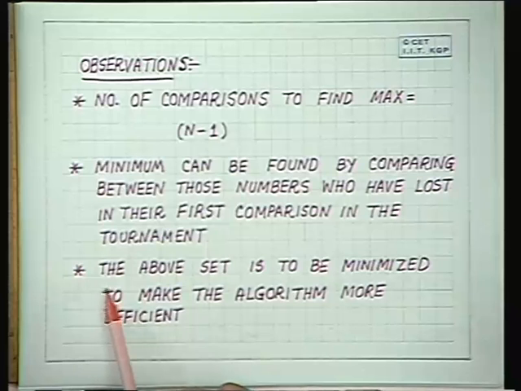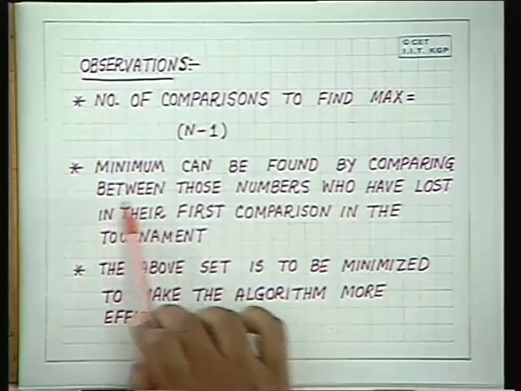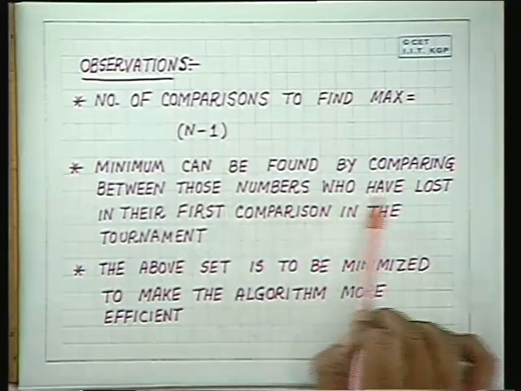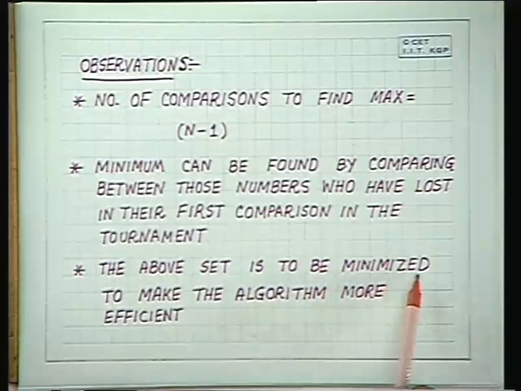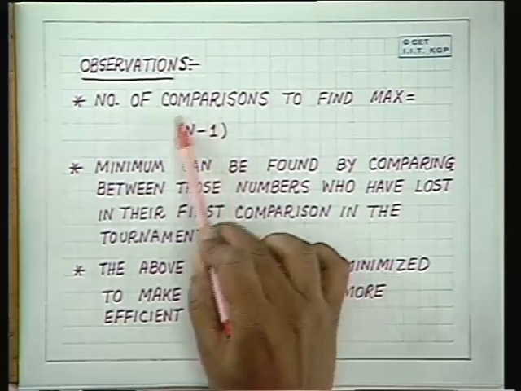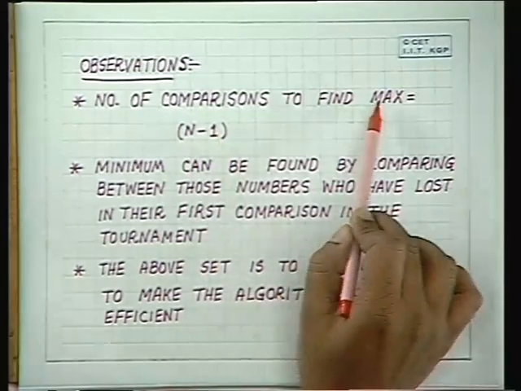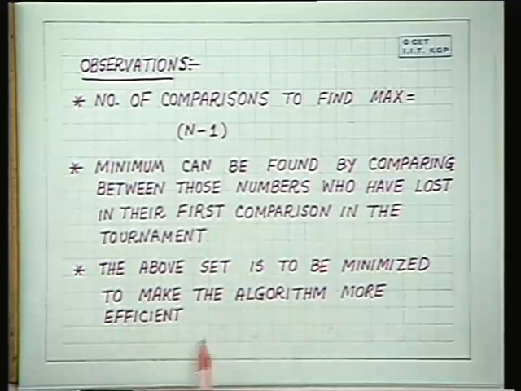And in order to make the algorithm more efficient, the set of numbers who have lost in their first comparison in the tournament is to be minimized. So you cannot make less than n minus 1 comparisons to find max, that's fine. But you could do something to find minimum more efficiently.